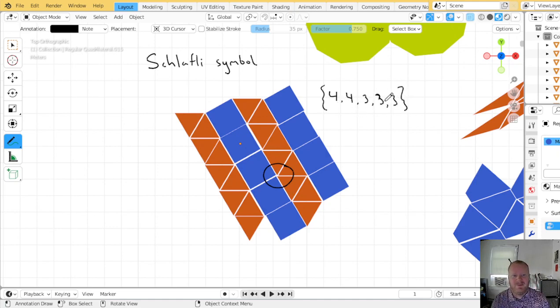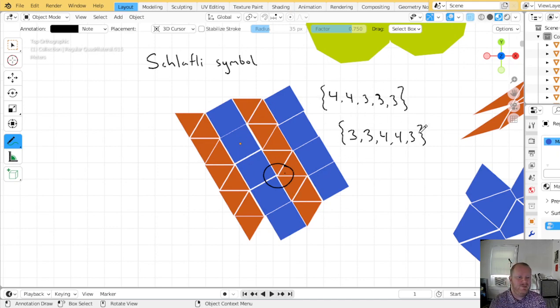Sometimes this comes in brackets like this. Another way to write this, the starting point is not super important. I could call this here the starting point and say this is 3, 3, 4, 4, 3. So these are the same Schlafli symbol, or they describe the same tiling.